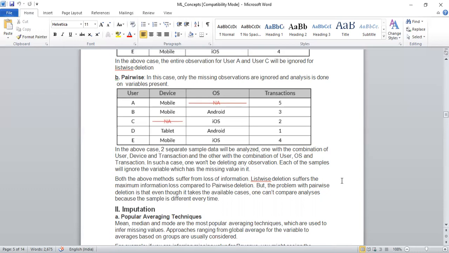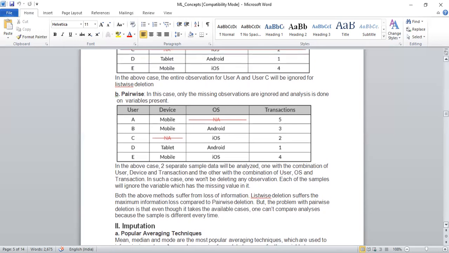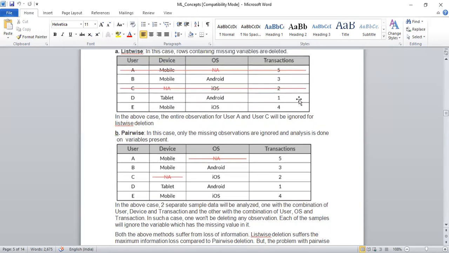So you have taken two different samples. So this is the main reason pairwise deletion will not be good. Here also some information will get lost, but it is better compared to list-wise deletion, because in the case of list-wise deletion, you have to remove the entire observation.